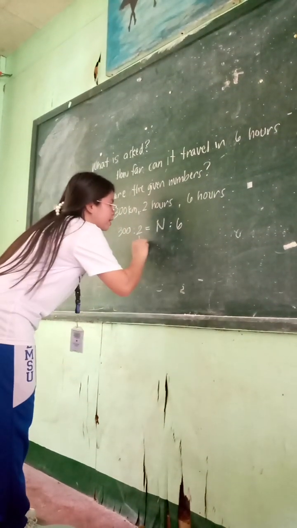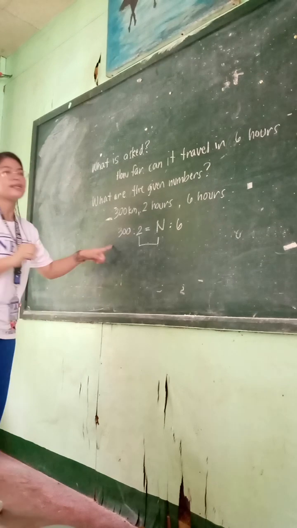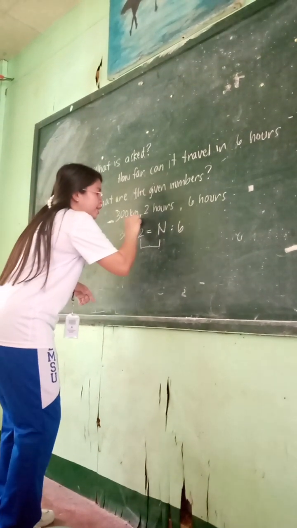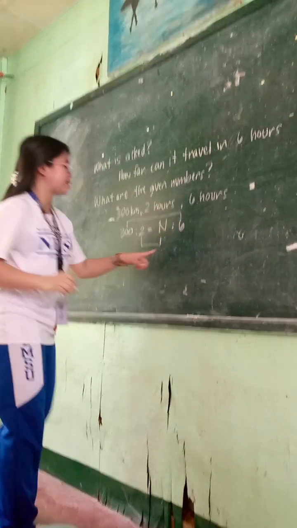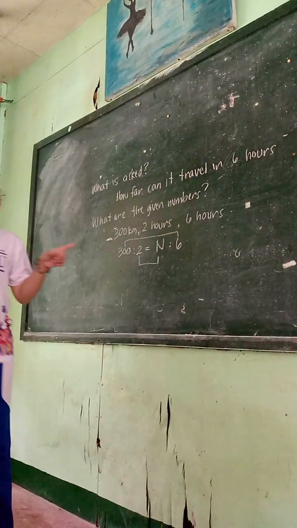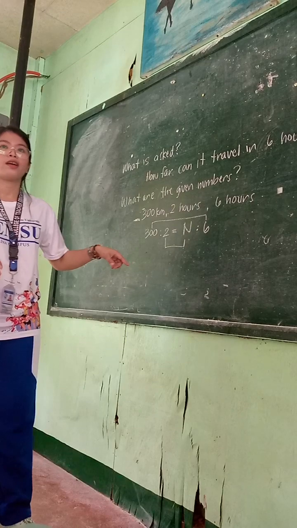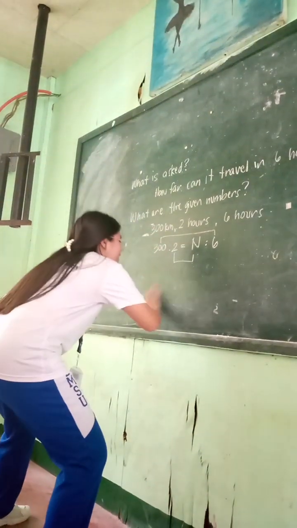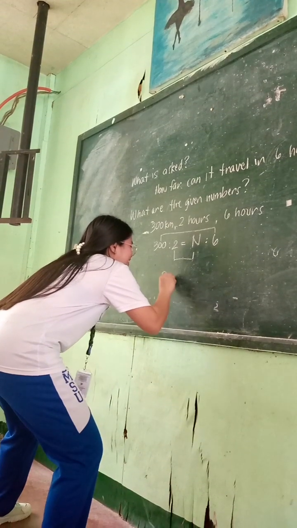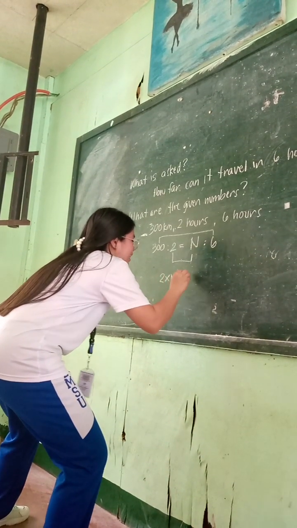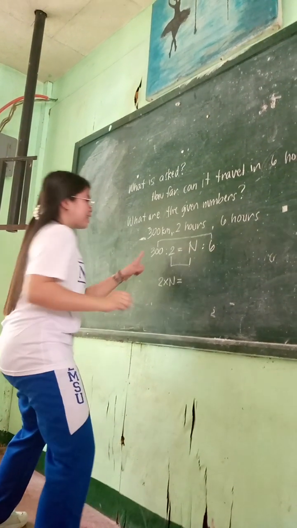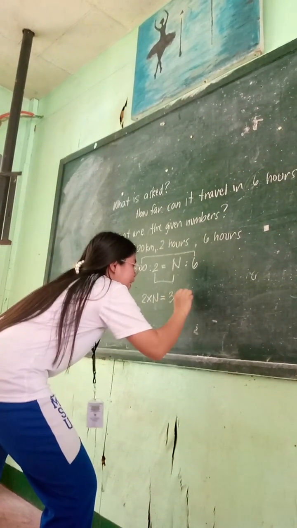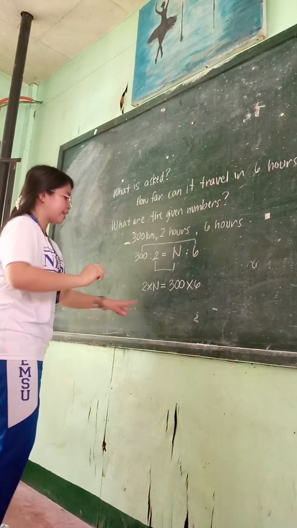What are the extremes? 300 and 6. So what are we going to do now? 2 times n, and 300 times 6.